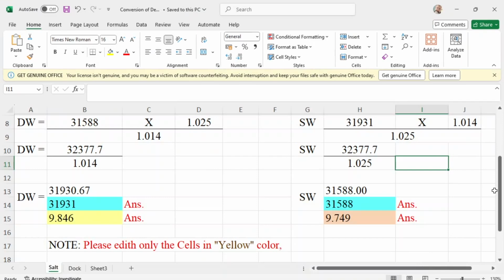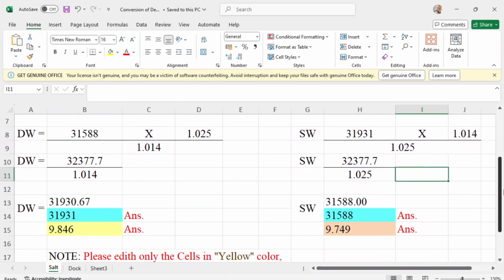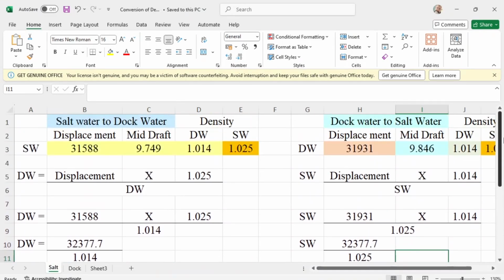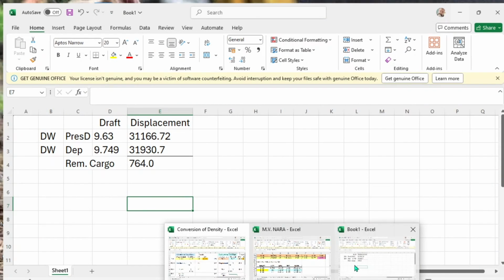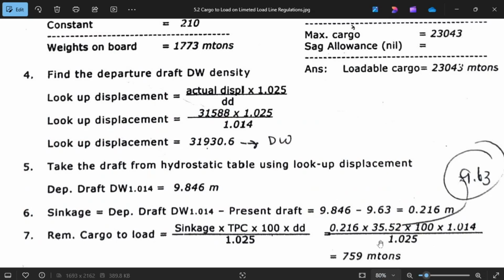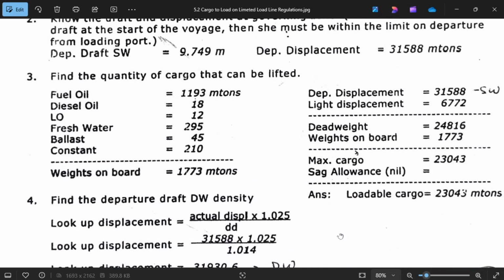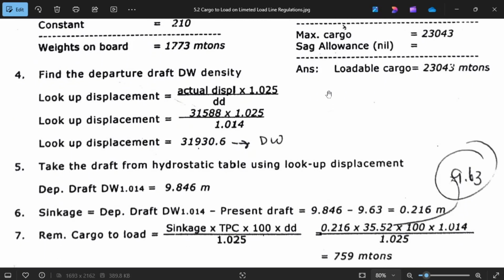So dock water is how much? This is dock water to salt water. Okay, so I put here 31. I'll show you how you get this dock water of 3166. How did you get this 3166?